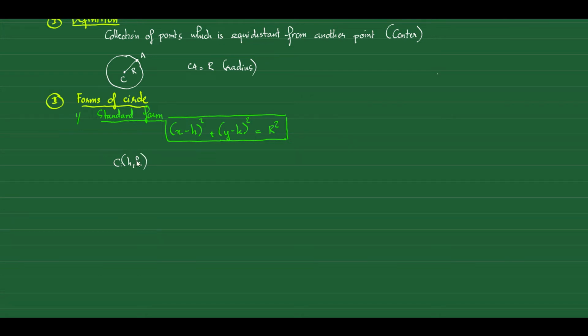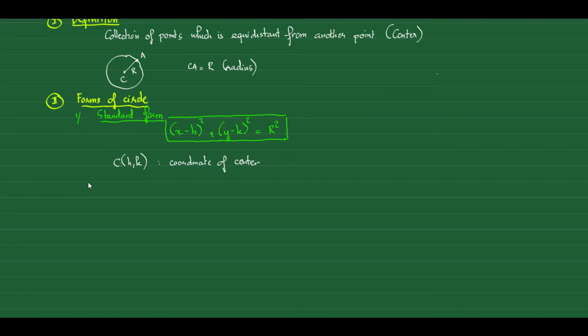Just the coordinates of the center, and the radius is r, and this is always in this form, r squared.